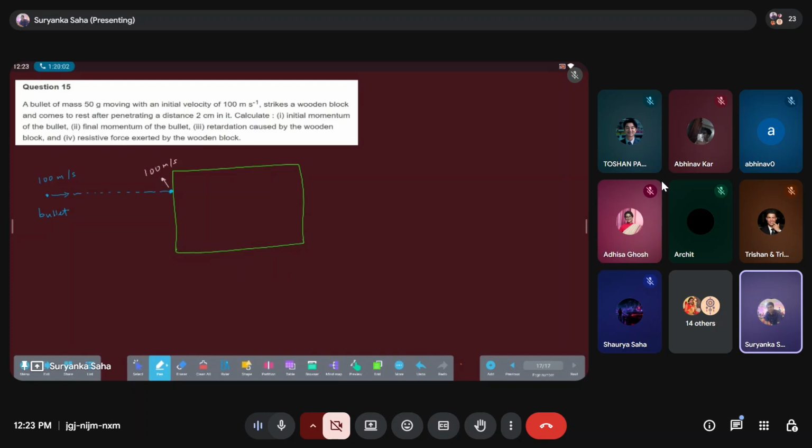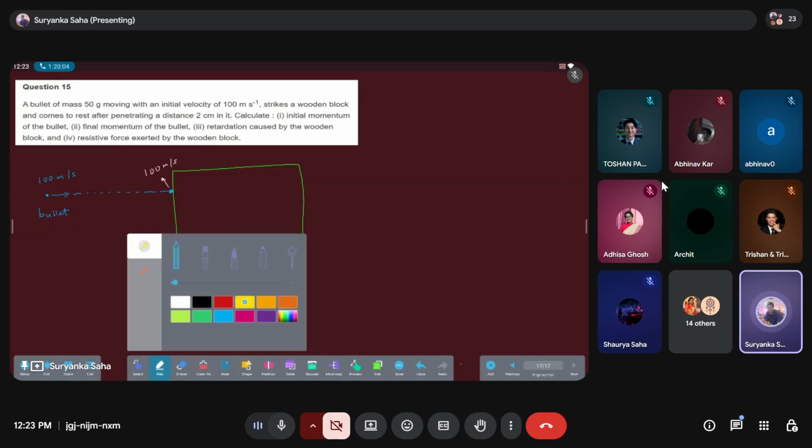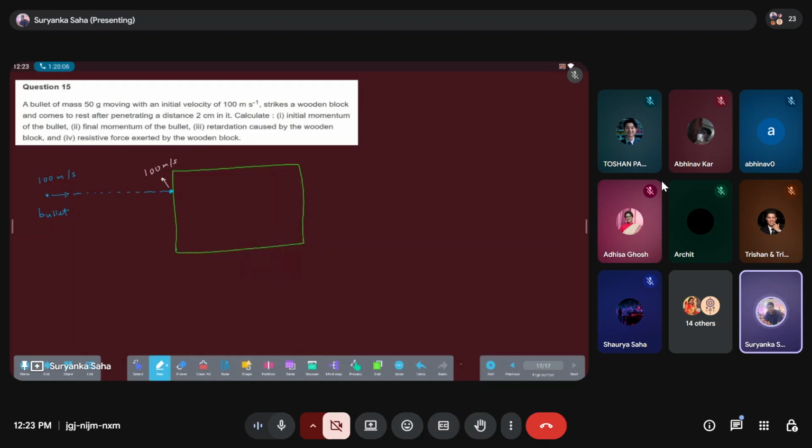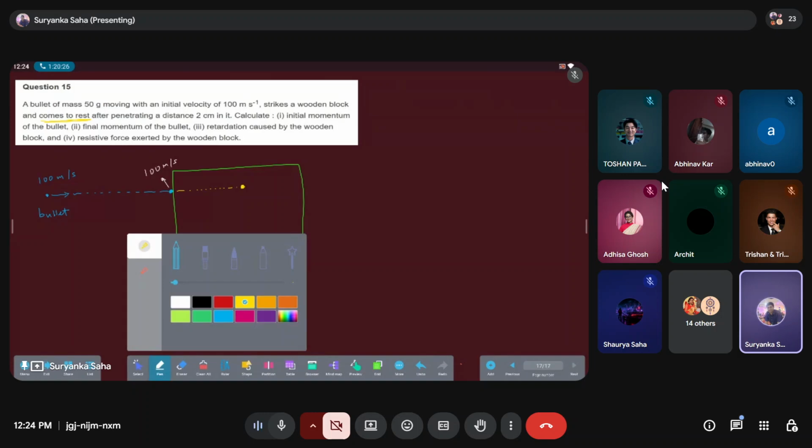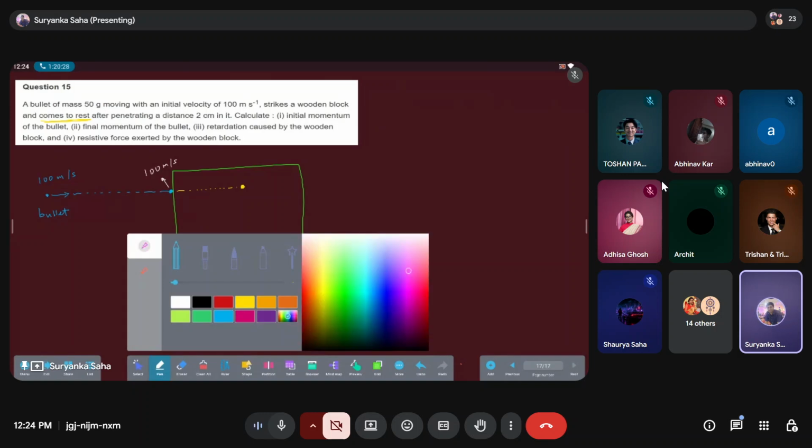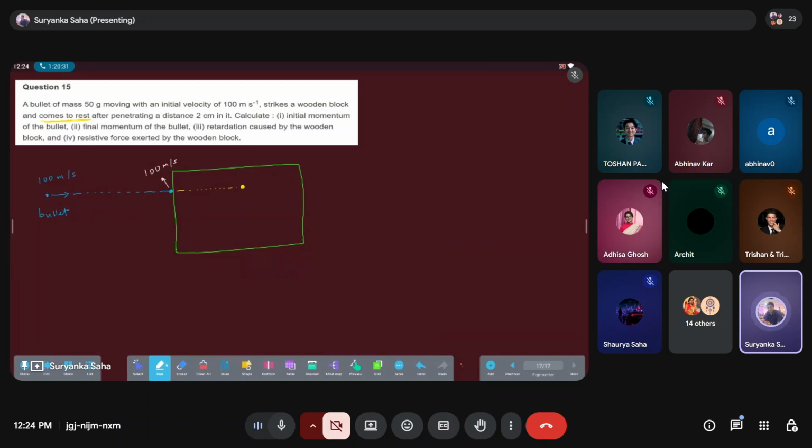When it penetrates inside the box, its speed reduces, because the wooden block will reduce the velocity of the bullet. The more it goes inside, the more its velocity is reduced. So after penetrating 2 centimeter, this distance is where the bullet finally stops.